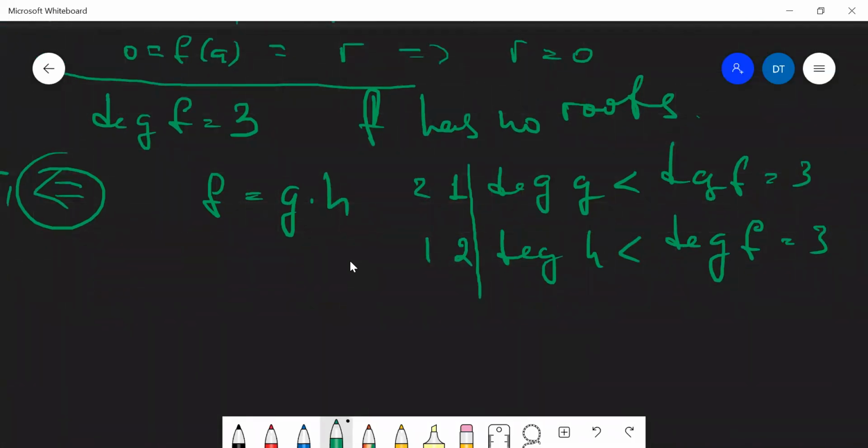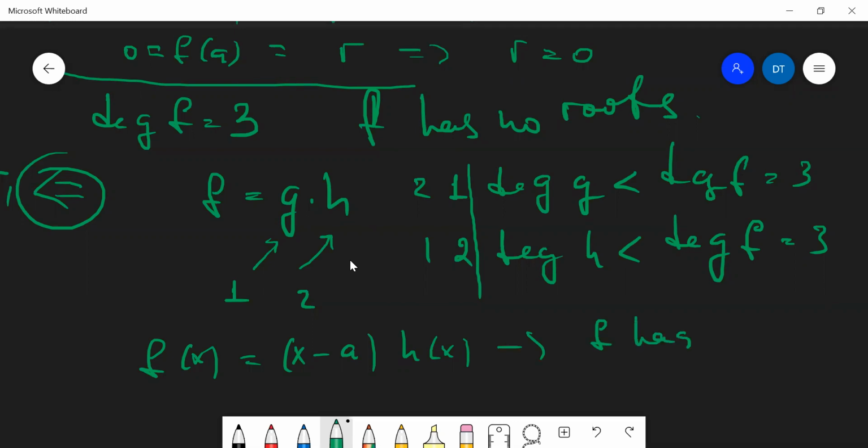Well, we may change the notation and we may assume that g has degree 1. So here we have degree 1 and here we have degree 2. But this simply means that f of x equals x minus a times h of x, where h of x is some square polynomial. And as you can see, this implies that f has a root. I mean, a is the root, which is a contradiction again.